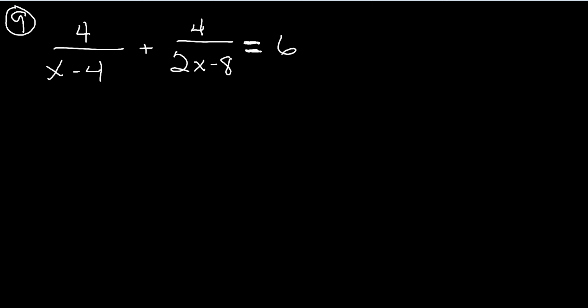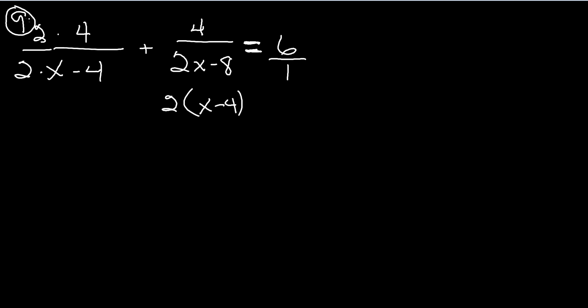All right, number 9. Get our denominators to be the same. Remember, the 6 is 6 over 1. Do that immediately so you don't forget the 6. I got some factoring to do here, which makes this a little easier. So if I take out the 2, I've got x minus 4. And now I can see I'm going to get my denominators the same a little easier by multiplying the first one by 2 over 2.